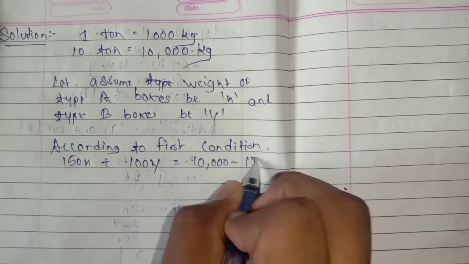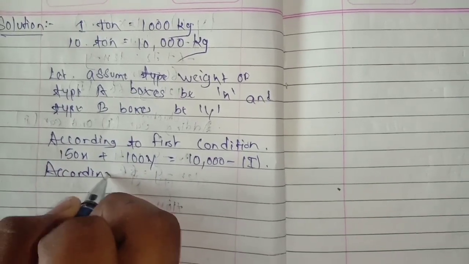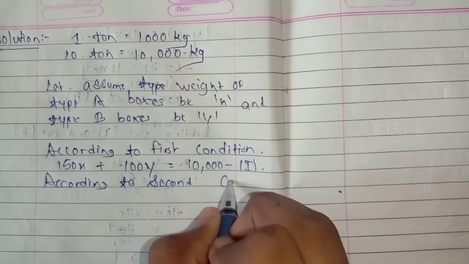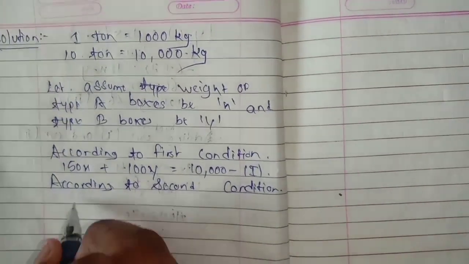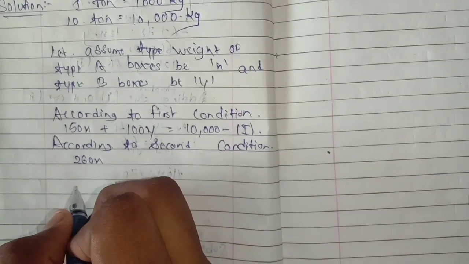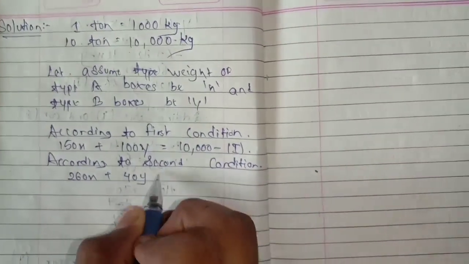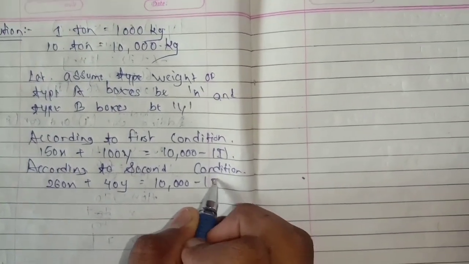This will be condition number first. According to the second condition, 260 boxes of type A and 40 boxes of type B become 10,000. So this will be the second condition.